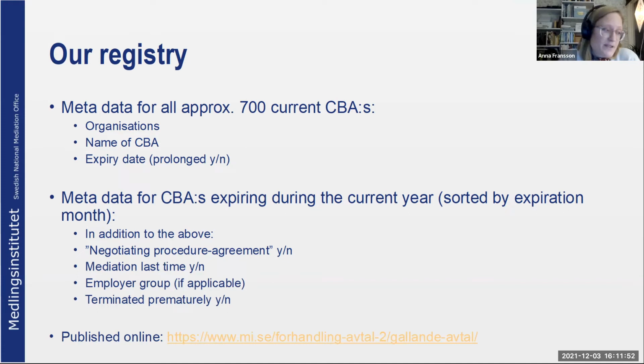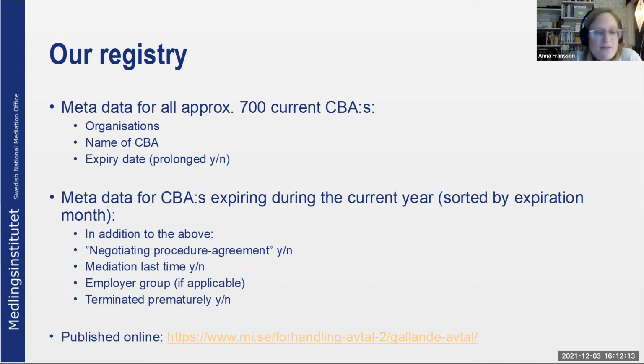We also have a separate data set for collective agreements that expire in the current year, sorted by expiration month. So the purpose is to have updated information on whether there are any possible mediations incoming to us.